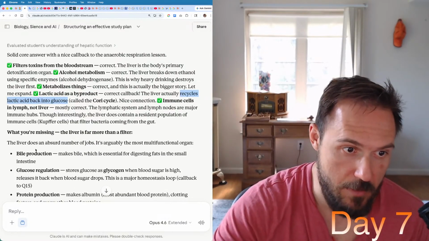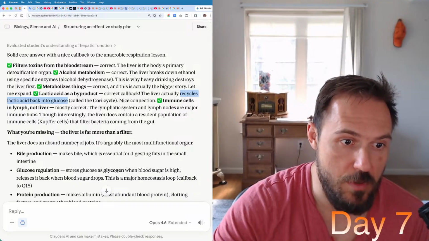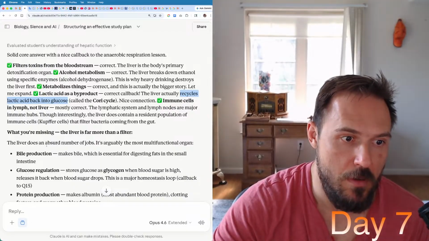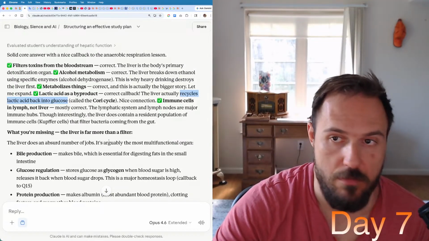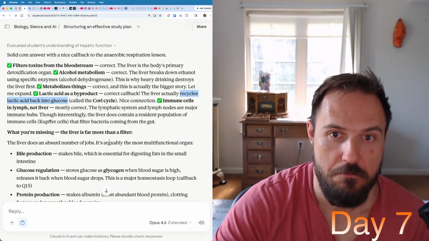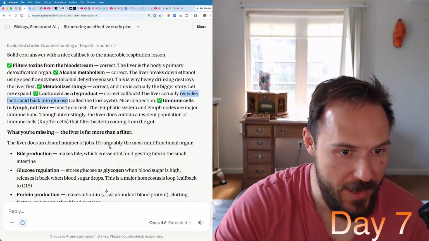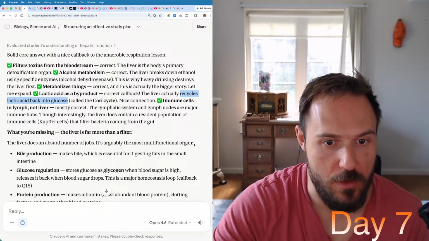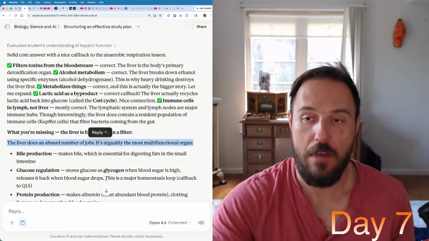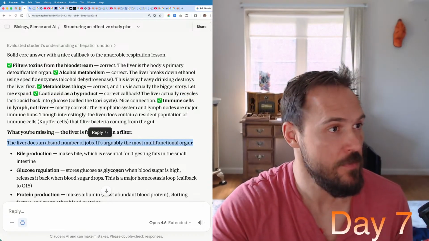The liver does an absurd number of jobs. It's arguably the most multifunctional organ. I was so wrong. I will get like 0.3.